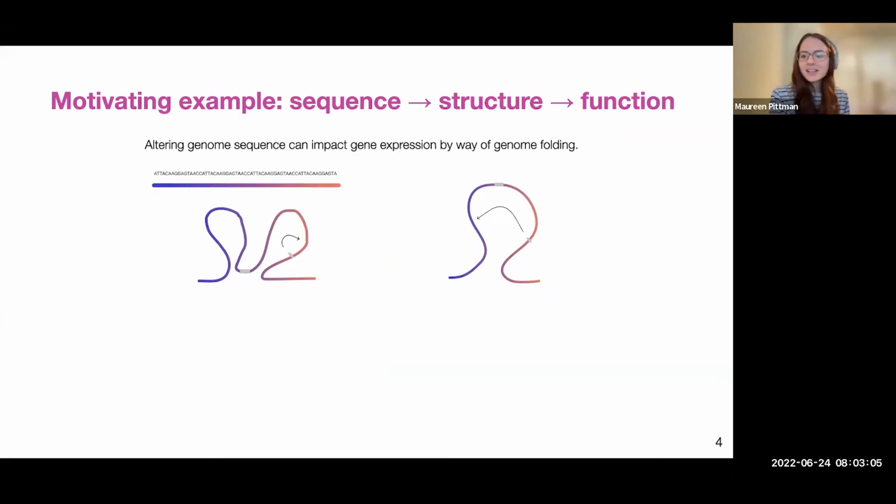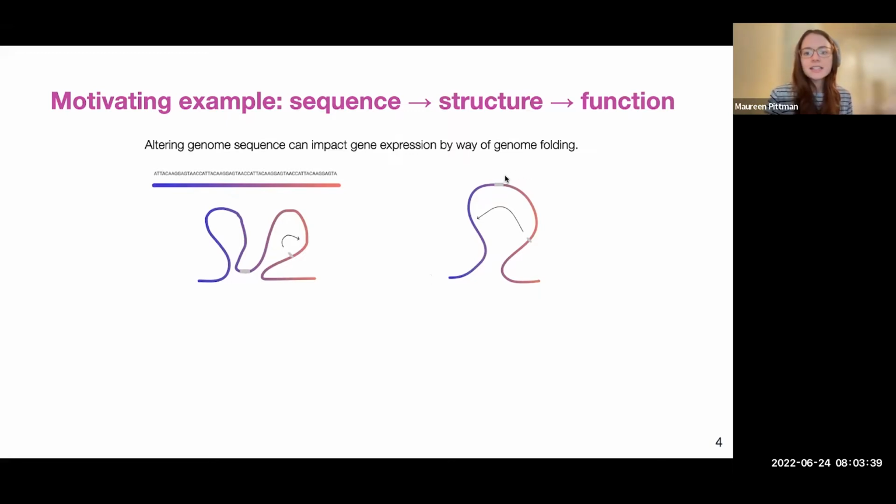I think it's not news to this group that sequence impacts structure within DNA, within our genome, and therefore altering genome sequence can impact DNA structure and therefore gene expression. So for example, we have a sequence here, which presumably has an insulator binding sequence within it, resulting in two distinct structures.